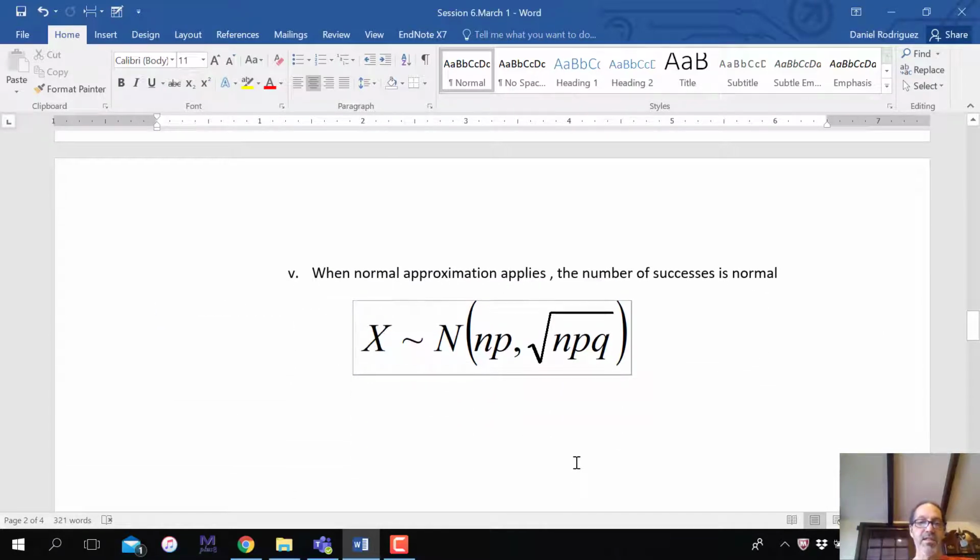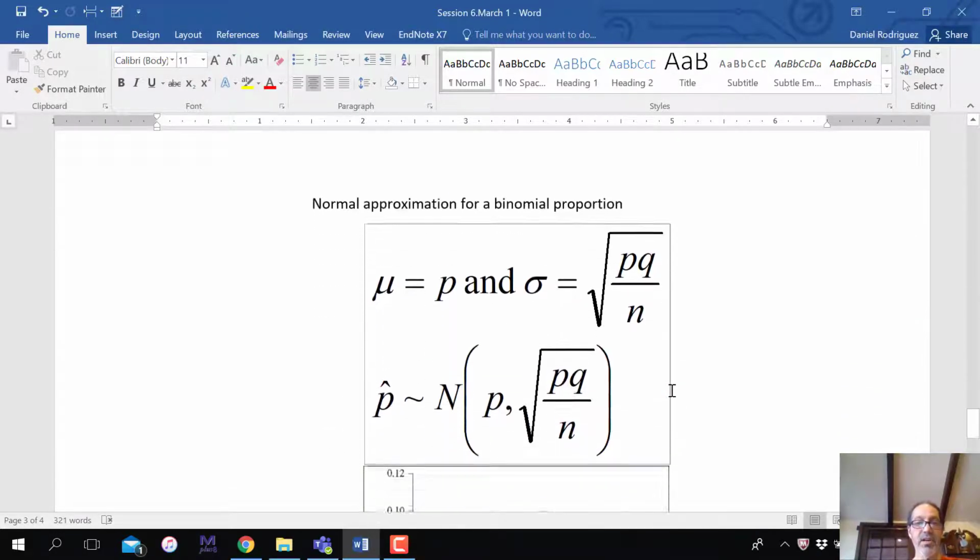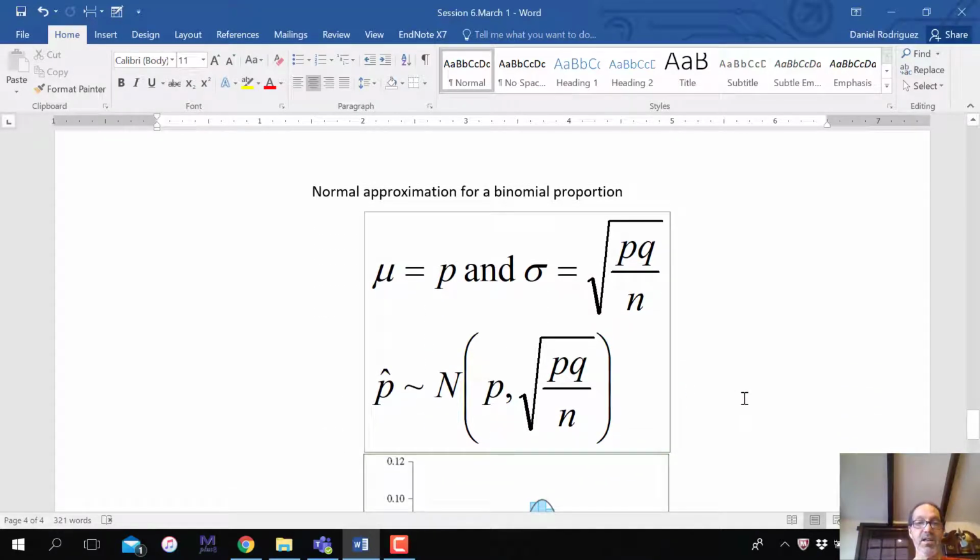So the number of successes is approximately normally distributed if npq is greater than or equal to 5, with np as the mean, and the square root of npq as the standard deviation. We can also apply that to the proportion.